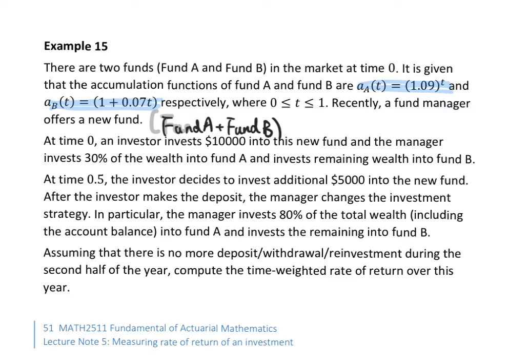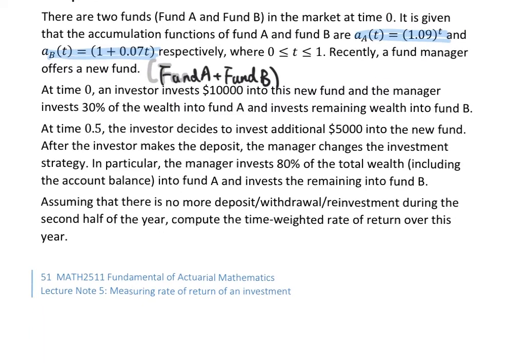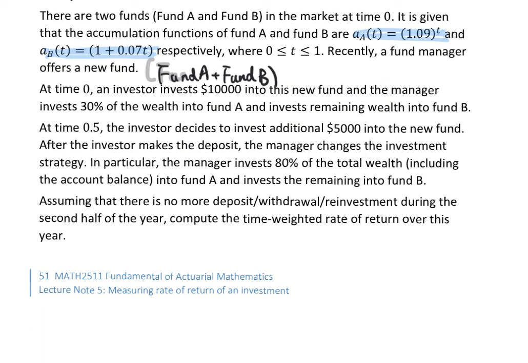Now the rundown for this new fund is as follows. First of all, we consider a 1 year time horizon. At time 0, the investor will invest $10,000 in this fund.